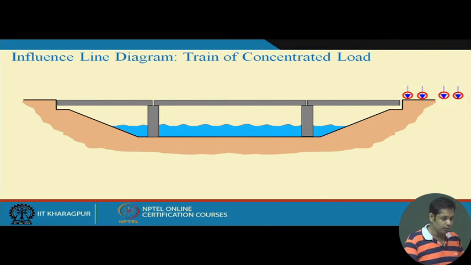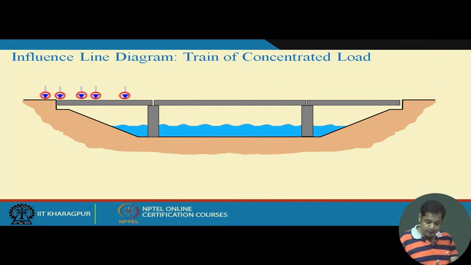But the problem is, we need to find the position of this train of concentrated loads for which the beam will be most critical, the same way we just discussed the position of distributed load for which the beam is most critical in bending.